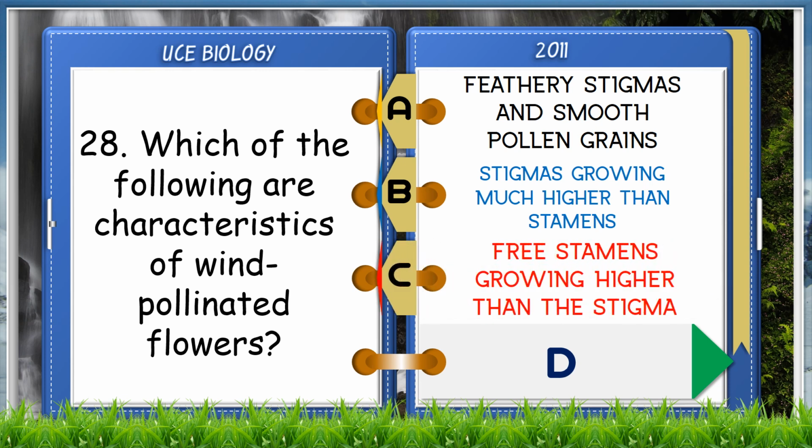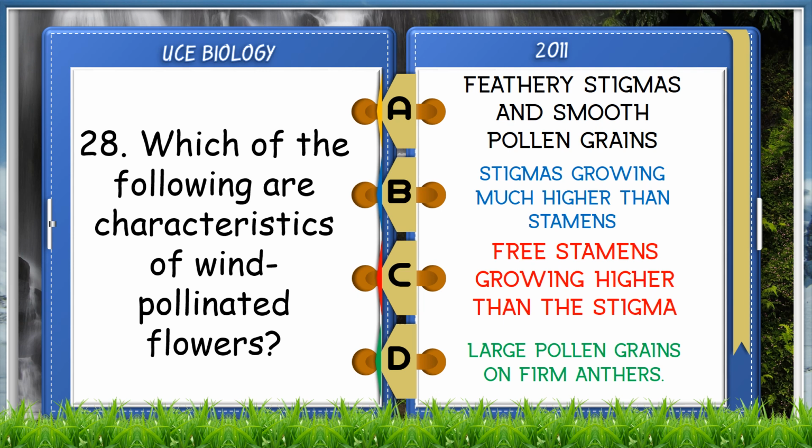C. Free stamens growing higher than the stigma. D. Large pollen grains on firm anthers. The answer is A. Feathery stigmas and smooth pollen grains.